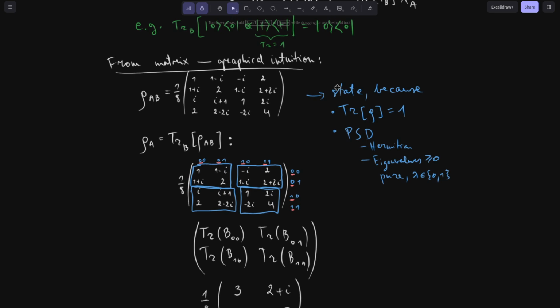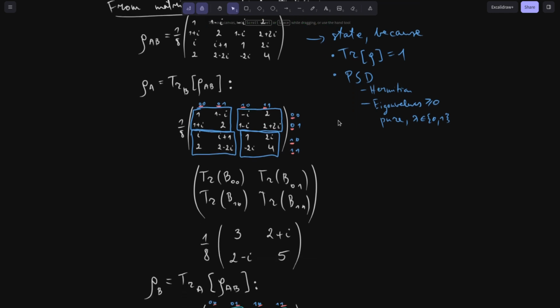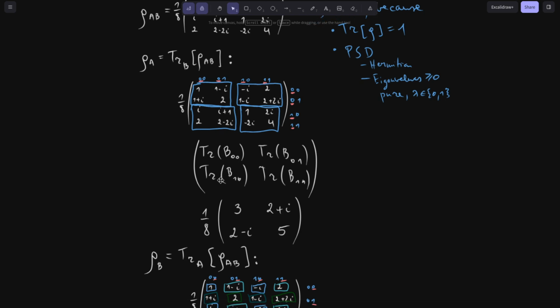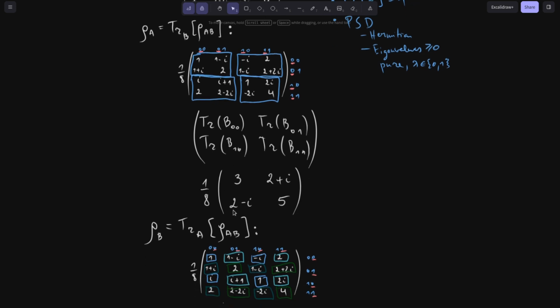So okay, first of all, this is a state, as mentioned before, because its trace is 1 and it is PSD. Here we can see that we basically just choose by the first number: 00, 01, 10, 11. We calculate traces on these parts, and we get this thing, and this is our state ρ_A.